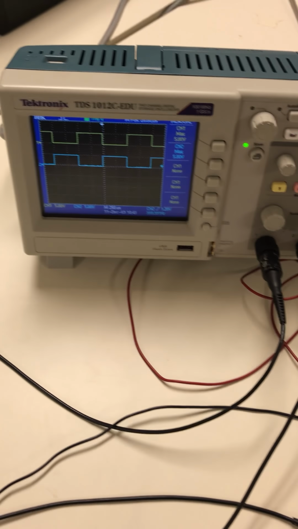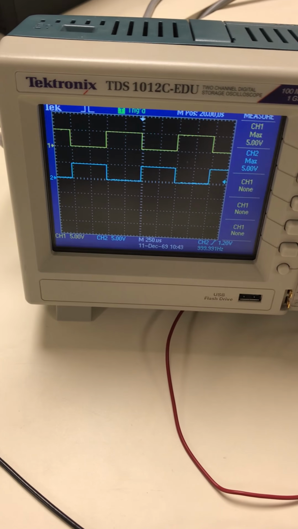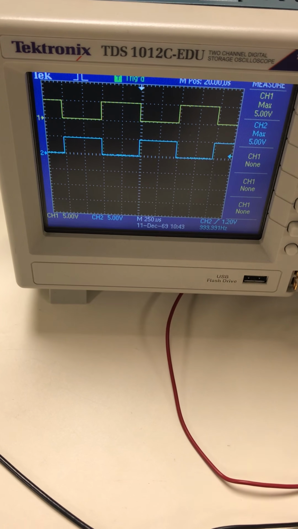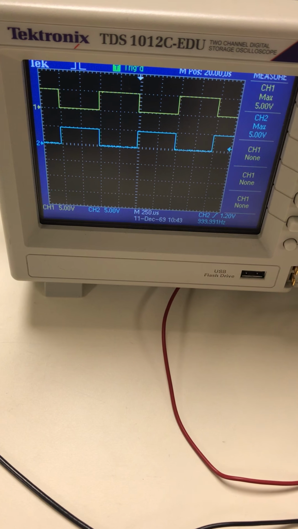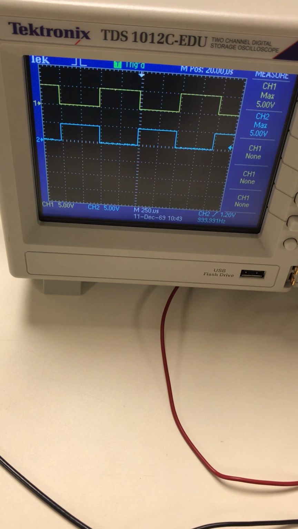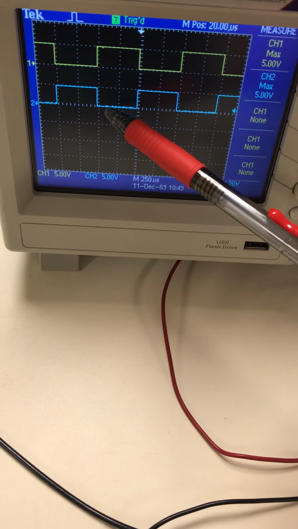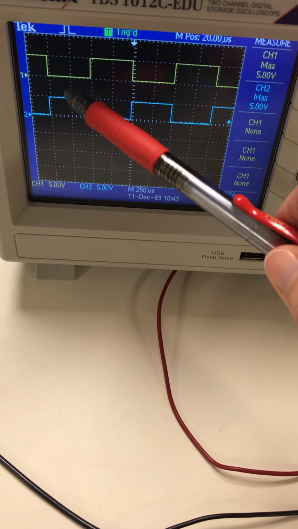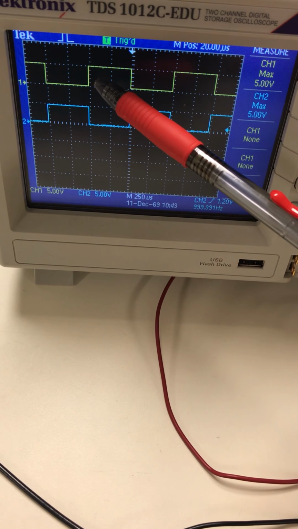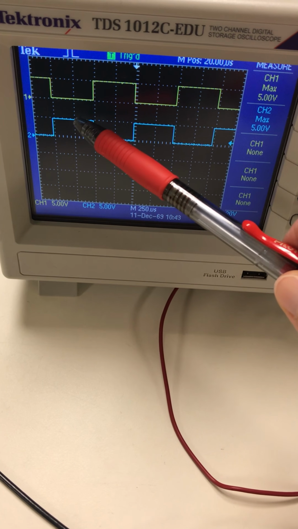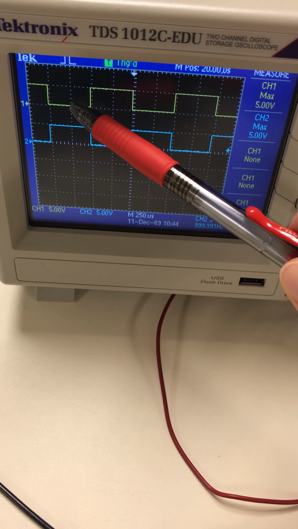Looking at the oscilloscope screen, I see that when both V1 and V2 are at high and V3 changes from 0 to high, when V3 is at high, which is here, this is V3, Vout, which is this yellow curve from channel 1, is going to be low.